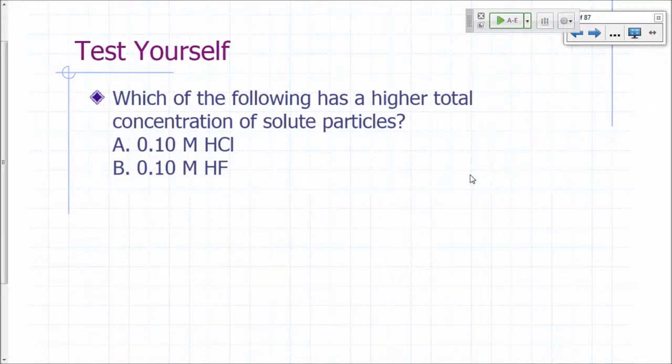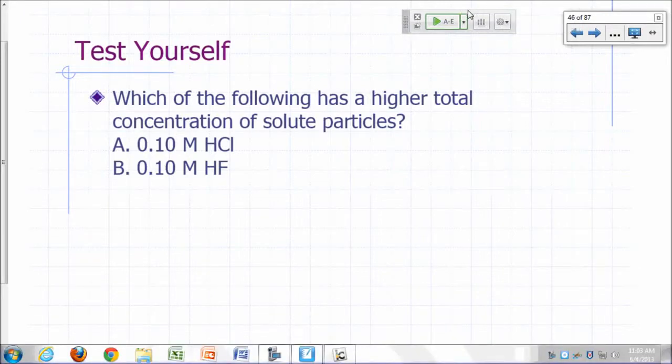So let's take a look at this question right here. Which of the following has a higher total concentration of solute particles? 0.1 molar HCl or 0.1 molar HF?